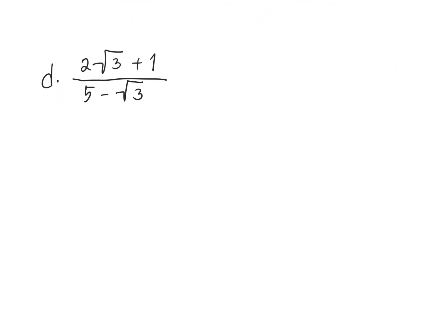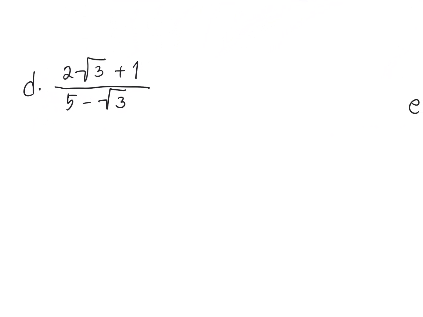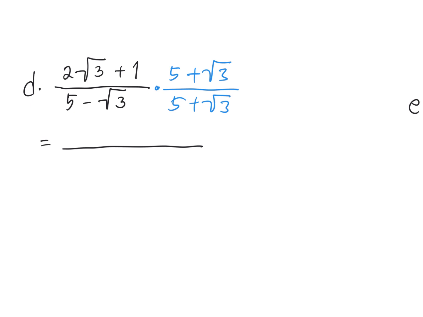Here is our letter D. In this case, we're going to need our conjugate again. So our conjugate here is 5 plus root 3 over 5 plus root 3. Okay, continuing with the operation. Let's simplify the numerator.